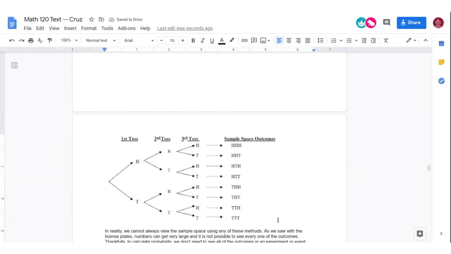Coin flips. So each time there's 2 choices. So 2 times 2 times 2 means there's going to be 8 different outcomes.